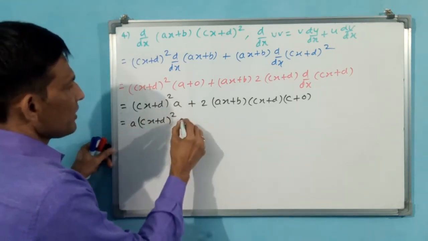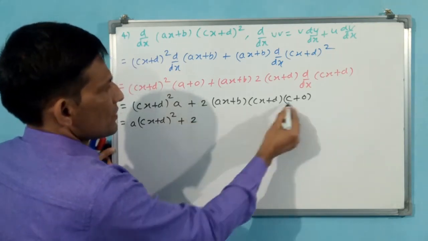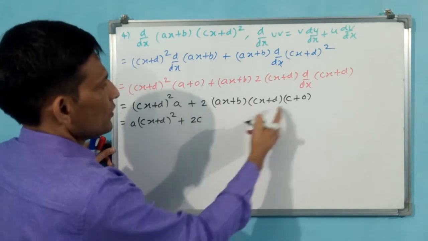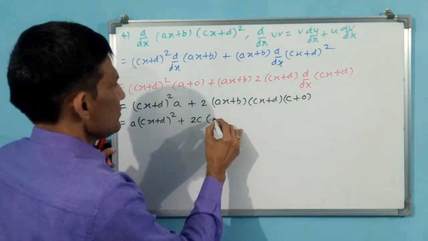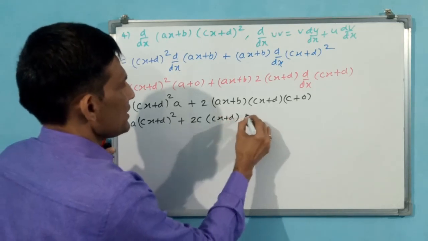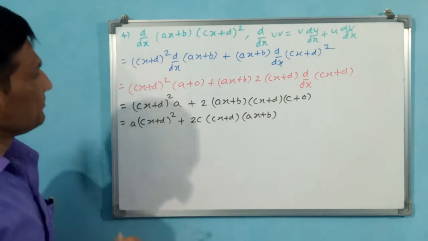A into cx plus d whole square plus 2c into cx plus d into ax plus b. Why I have written this?